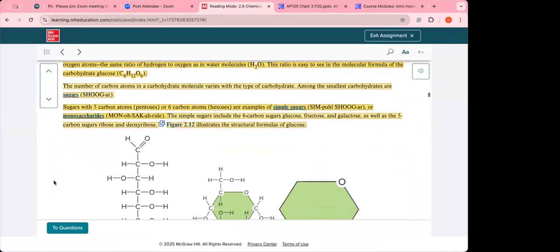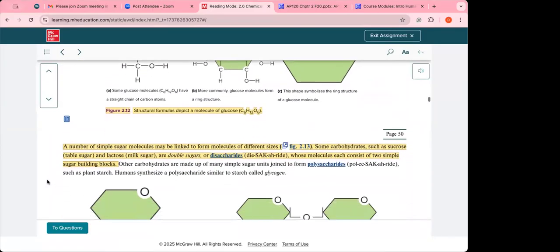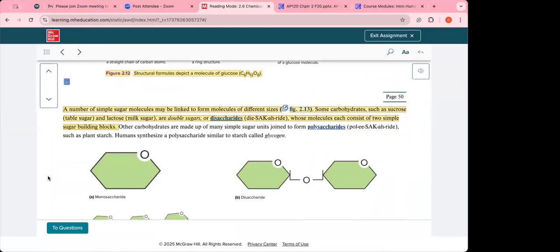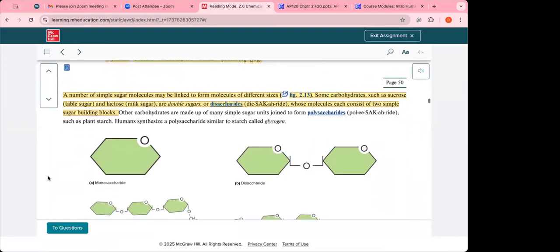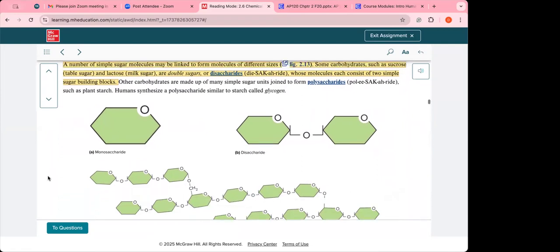Okay, but that's not carbs. We know that, so we can scroll past the carbs. I think it's going to be a triglyceride, but look at the triglyceride section.